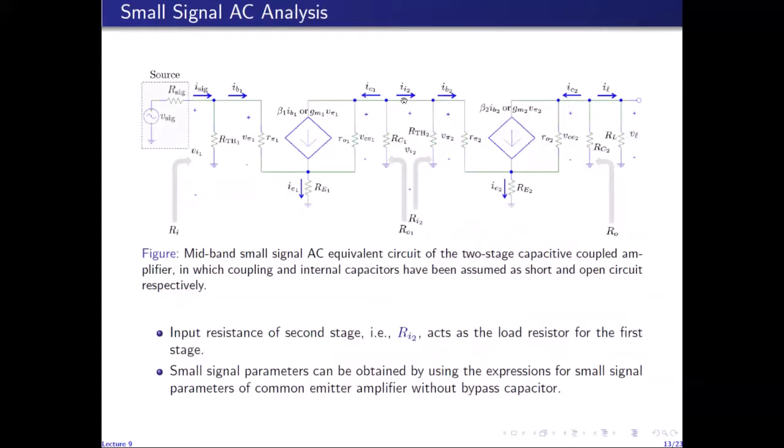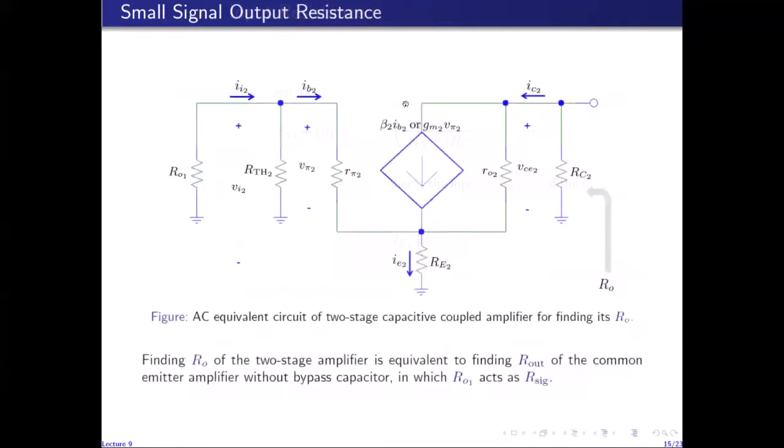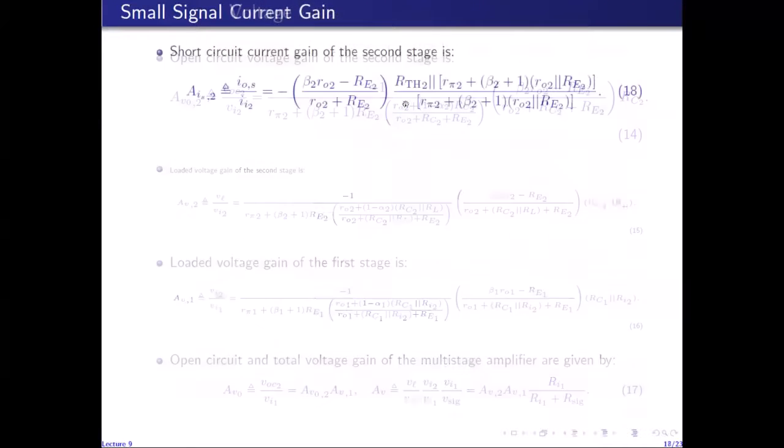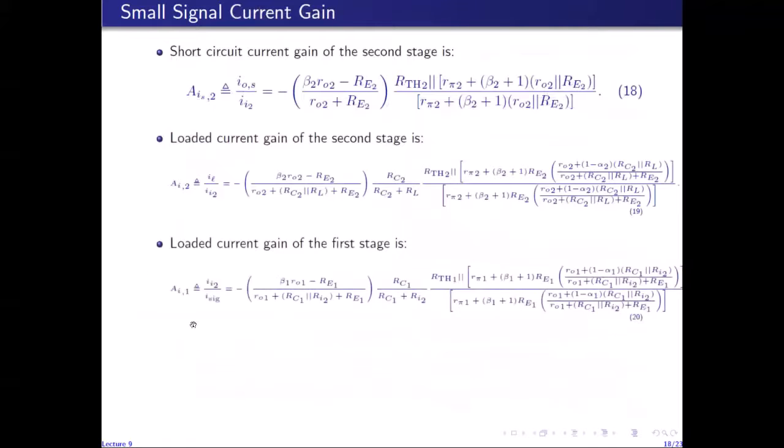By simply replacing this circuit with a resistor labeled RI2, we can see that the simplified circuit becomes the circuit of the common emitter amplifier without bypass capacitor with load connected, where the load is given by RI2 and the load current is given by II2. So again, I can use the expression for the loaded current gain derived for the common emitter amplifier without bypass capacitor to find the loaded current gain, which is given by II2 over I sig for the first stage.